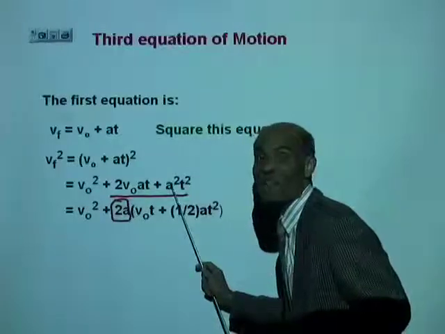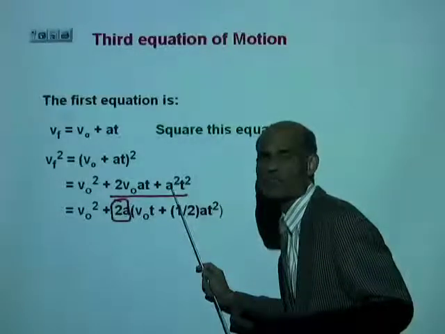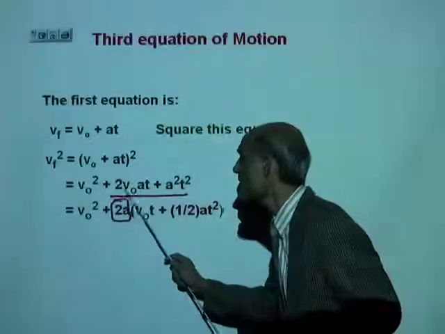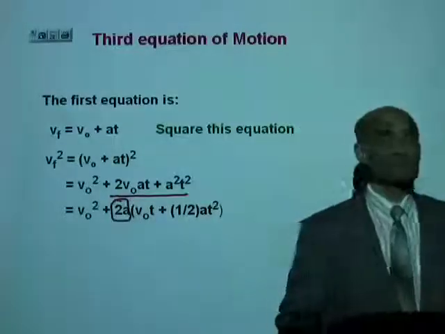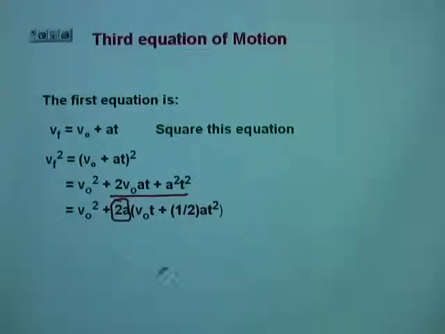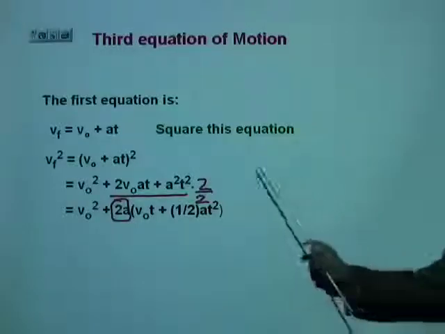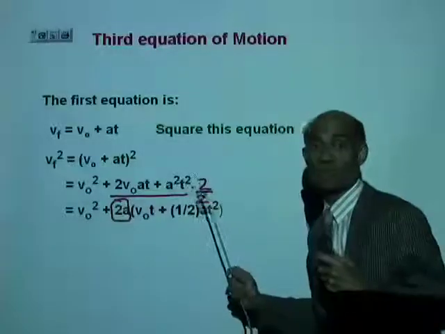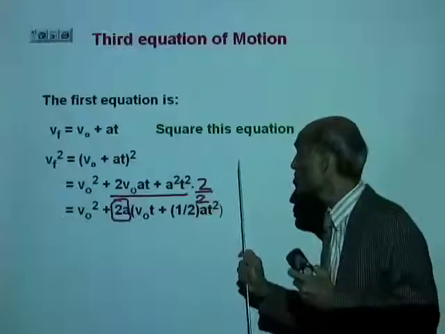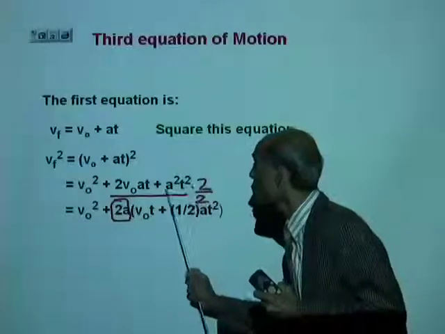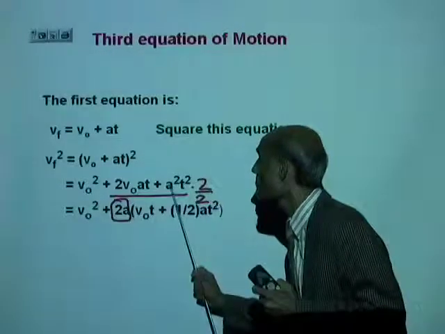There is an a there, but there is no 2 there. So how do I factor out a 2a from these two terms? Now, look what I'm going to do. I'm going to multiply that term by 2 and divide by 2. Does it make any difference? 2 divided by 2 is 1. Now what that did is, I can now factor out a 2a from there.